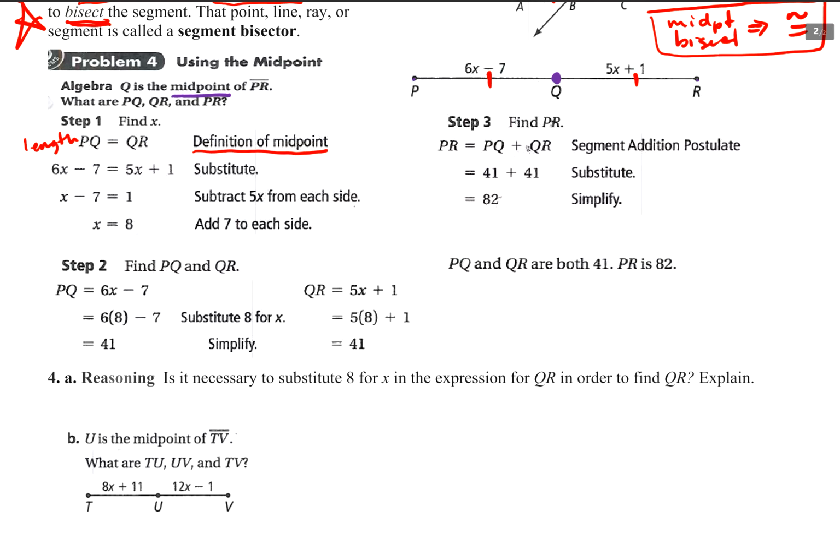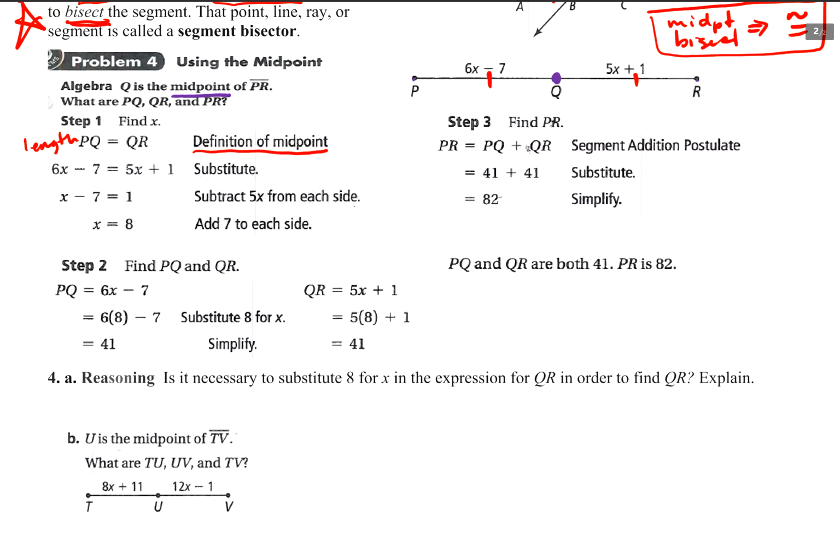And we will use this reason frequently. You've probably seen this in your math books all along. You have the math part of it here, and then you're told what's happening. Definition of midpoint, substitute, subtract 5x from each side. This is what proofs are going to look like.